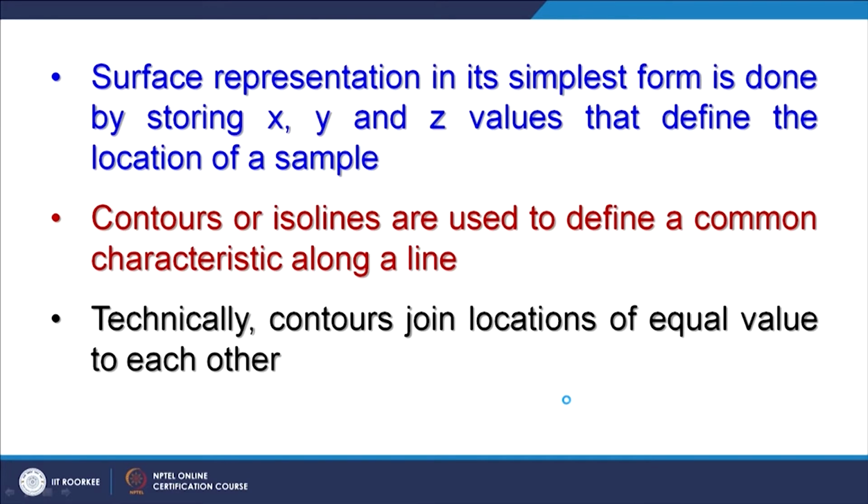Further, as we have discussed, you can go one step backward and derive the contour or iso lines. As you know, these are iso heights, and they join equal values to each other if it is point data.